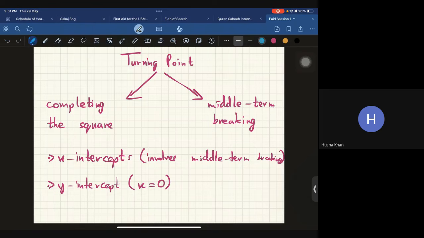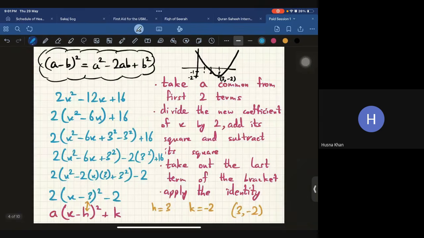Okay, Kawal, you're asking how exactly will the question ask about the maximum minimum point? They could give you the equation in the form of ax² plus bx plus c, and they've given you four options. Let me show you. This is the answer, we know, right?